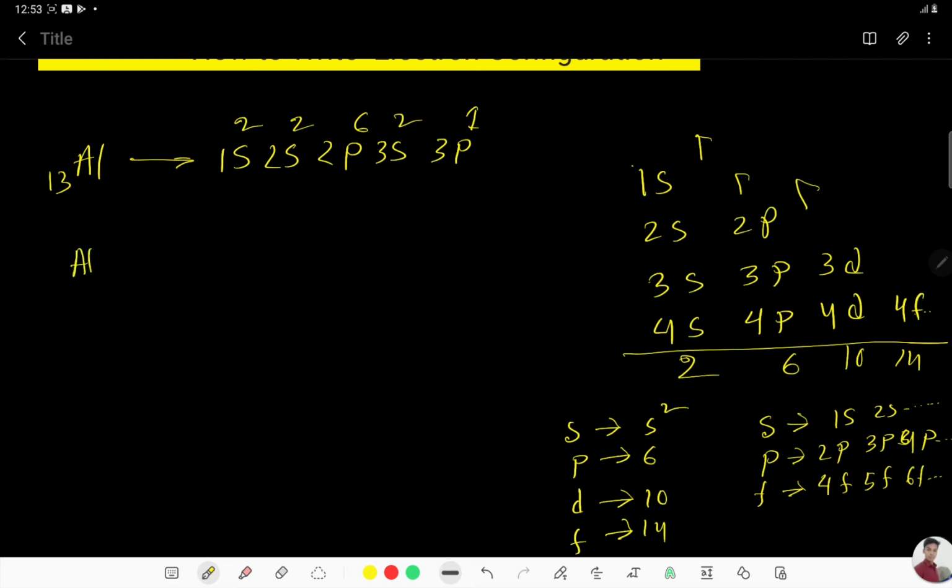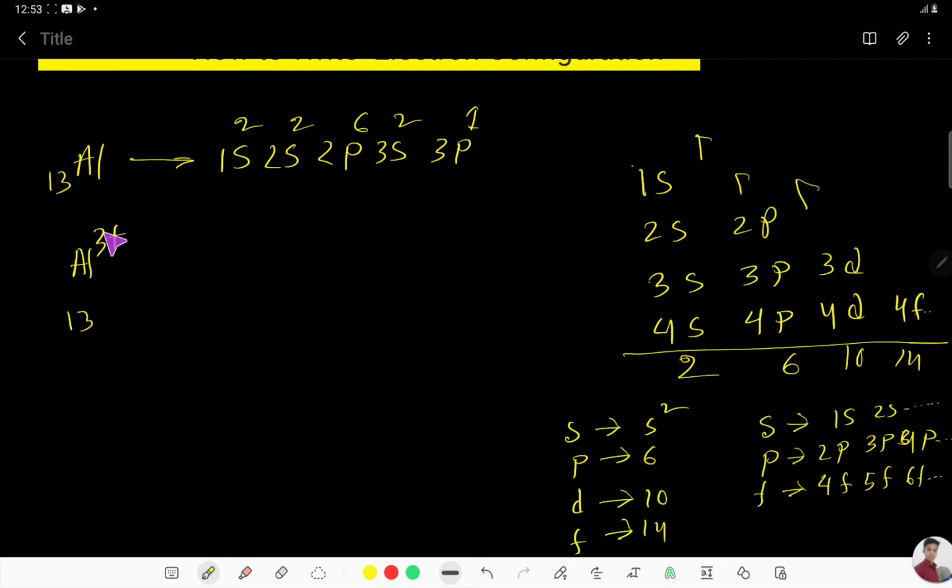So how to do the electron configuration of aluminum 3+. You know that to write the electron configuration for an ion, we always think about the electron configuration of the neutral atom. In the neutral atom, aluminum has 13 electrons, as its atomic number is 13.